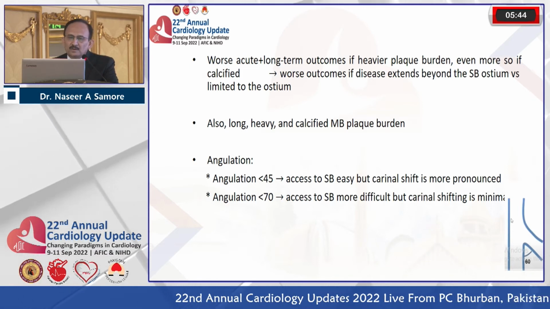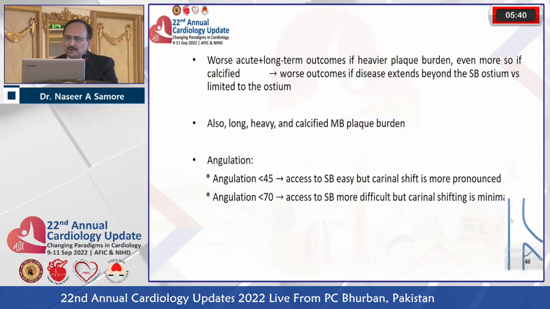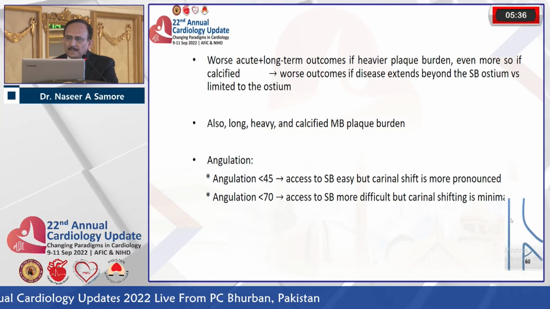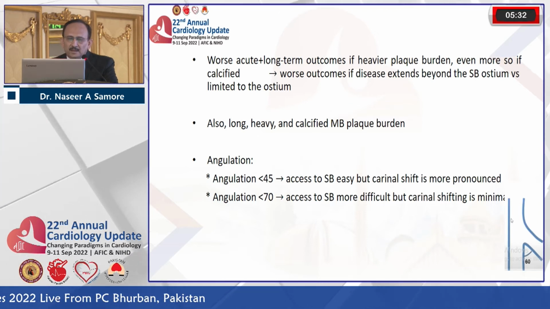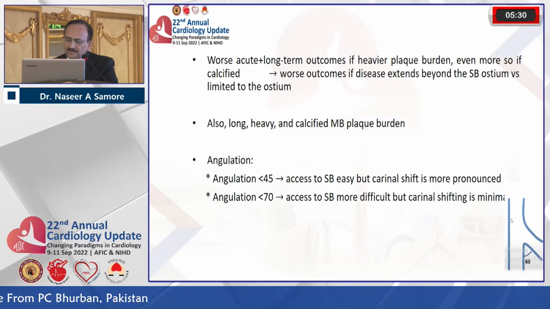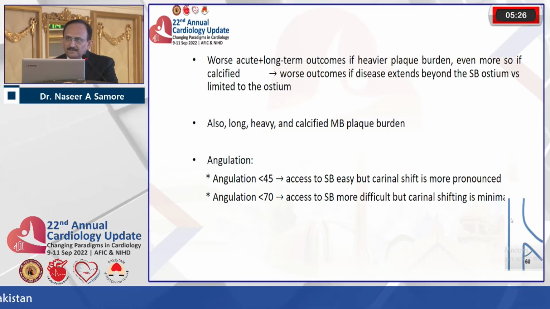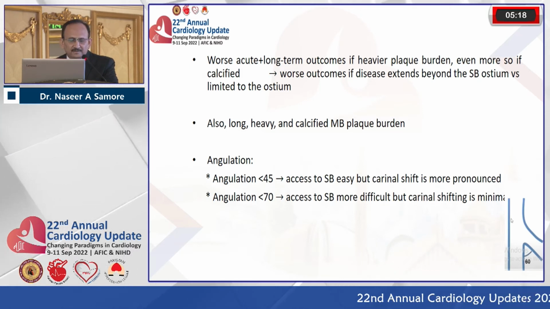The acute versus long-term outcome is related to the plaque burden, calcification, and the extent of the disease in the side branch, and also on the extent of disease in the main branch. In case of shallow angles, if the angle is less than 45 degrees, although it is easy to access, there is more carinal shift in these cases.